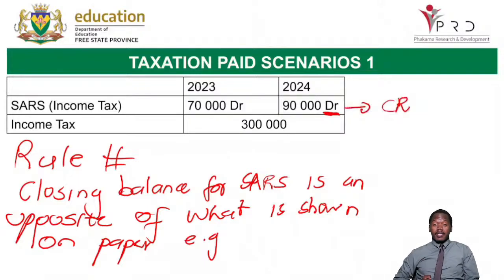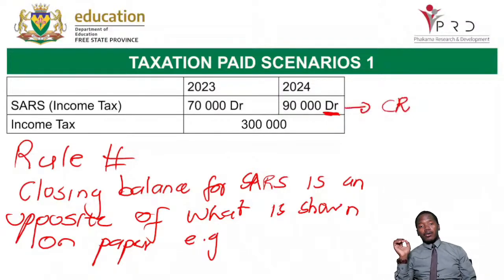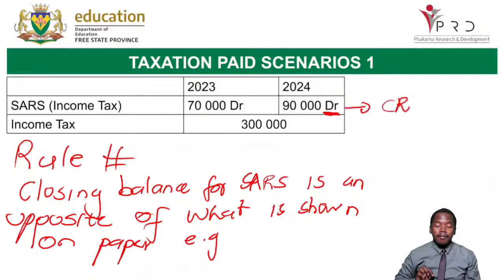We are going to do the next scenario now. Closing balance shown as a credit side will be recorded as a debit side when I do my calculation. Okay, then the rest will keep their sides.